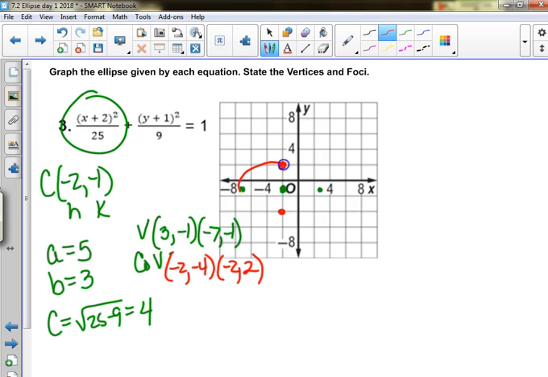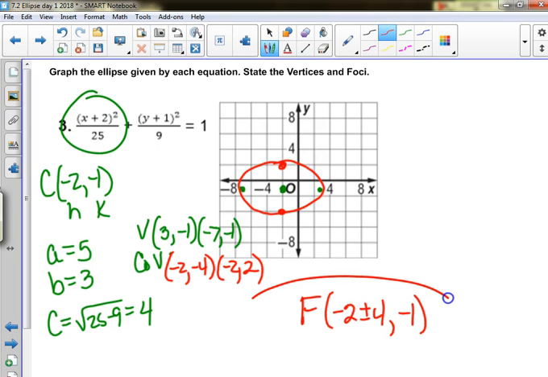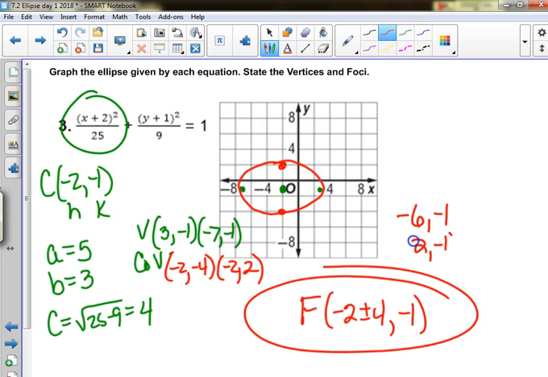That seems better. And the foci are on the x, so negative 2 plus or minus. Okay, and don't leave things with whole numbers like that. Write them out, okay? So that should be written out as negative 6, negative 1, and positive 2, negative 1. If it's radical, you can leave it.